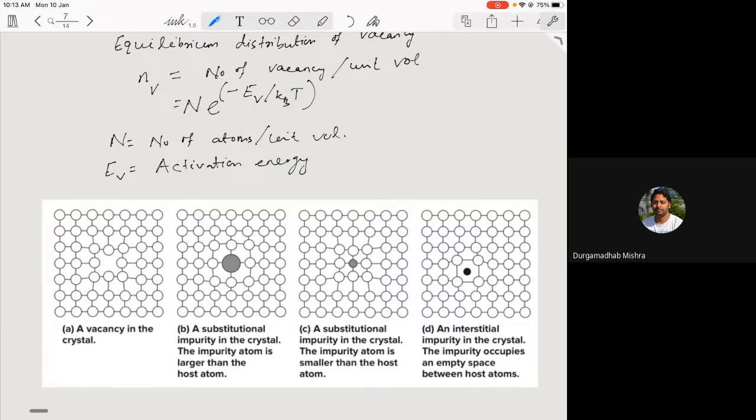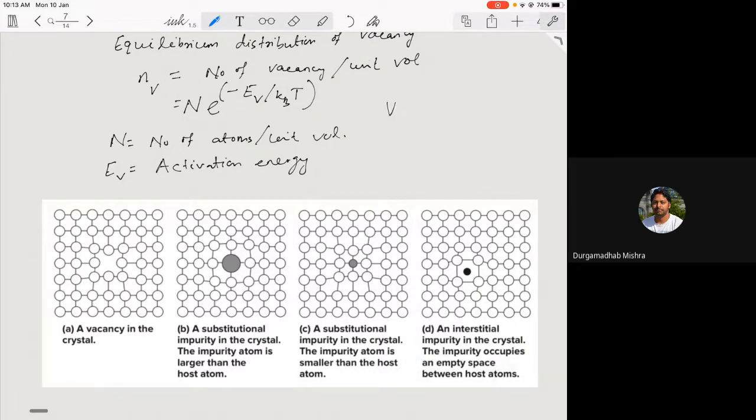When you create these vacancies, as I said, they will move or diffuse into the material, and they will create an environment which is different from the regular arrangement of atoms. So normally these vacancies are known as point defects.